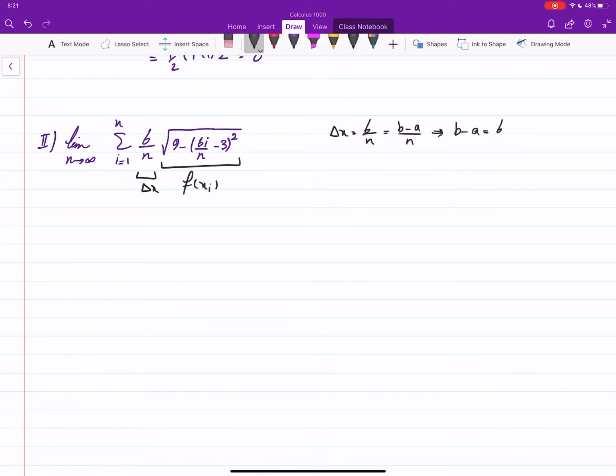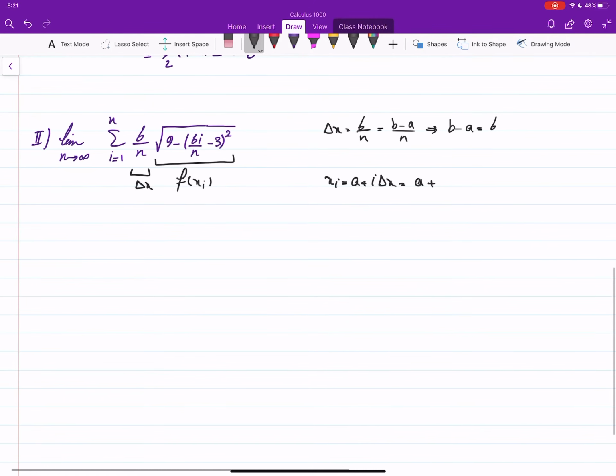On the other hand, for f of xi, xi is going to be a plus i delta x. Here, I don't know what a is at this stage, but what I can see is this is i times 6 over n, and I have that piece here.